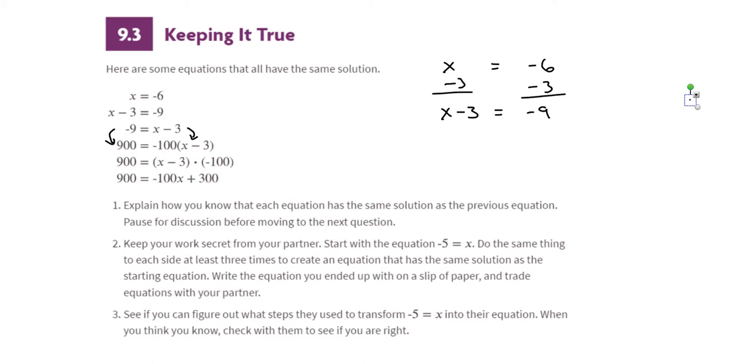So now, how did they get 100x plus 300, and this 900 stayed the same? They didn't do anything over here. They just changed the way this looks using the distributive property. They took negative 100 and they distributed it. Negative 100 times x is negative 100x.